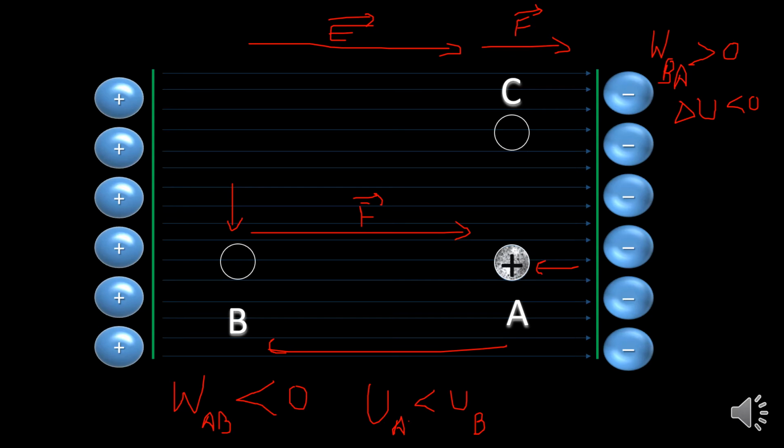But what if we take charge from A to C? How much is the work done? Okay, now here the displacement is from A to C, and force is perpendicular to the displacement, and then how much is the work done? Work done to go from A to C will be 0, and hence change in potential energy will also be 0, whether you keep charge at A point or you keep charge at C point.